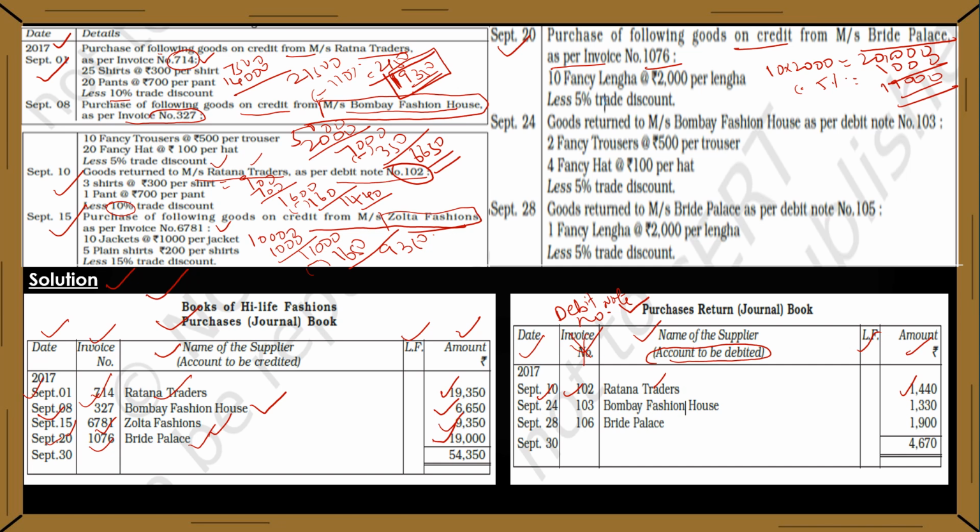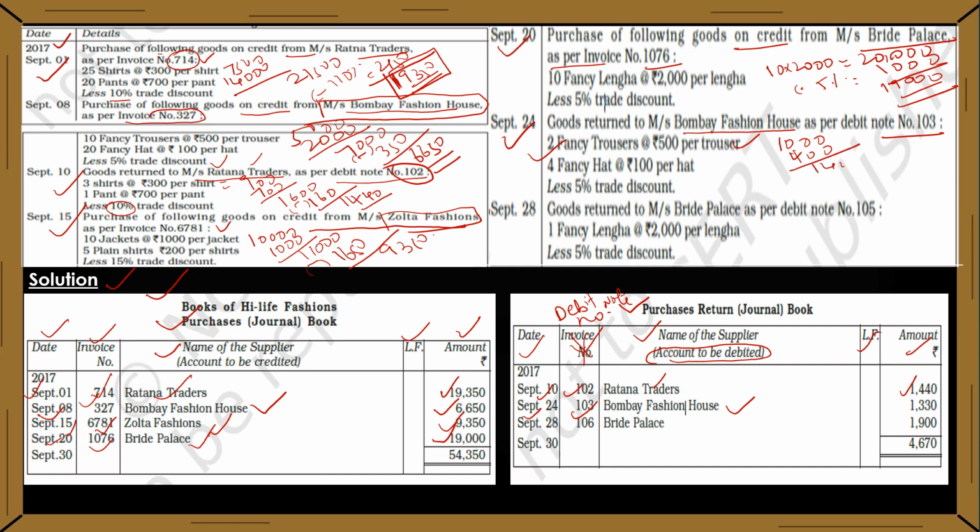Next on September 24, goods returned to Messrs. Bombay Fashion House as per debit note number 103, 2 fancy trousers at 500 per trouser. So in the purchases return journal book we have to write on September 24, debit note number is 103, supplier name is Bombay Fashion House. 2 fancy trousers at 500 means 2 into 500 is 1000. 4 fancy hats at rupees 100 per unit is 4 into 100, 400.